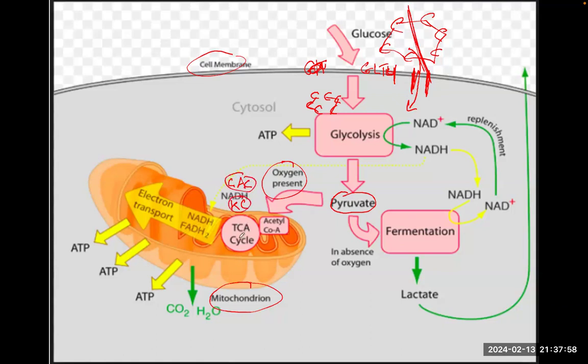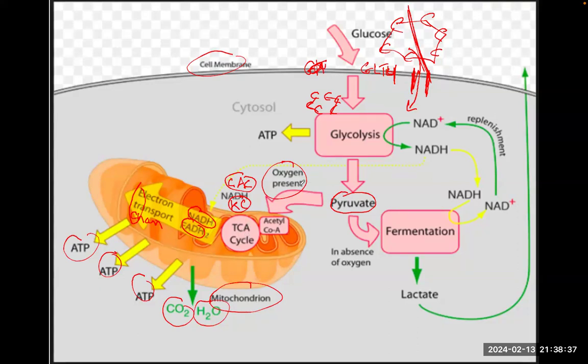And the purpose of the citric acid cycle or the Krebs cycle is that it makes coenzymes. The coenzymes are NAD and FAD. And the coenzymes that are produced are used by the electron transport chain, the ETC. And you'll see that that is what is actually responsible for making the majority of the ATP, water, and CO2, which we breathe out.